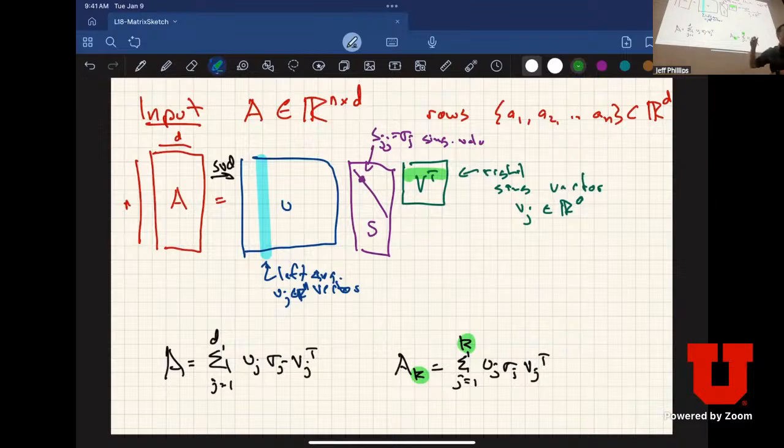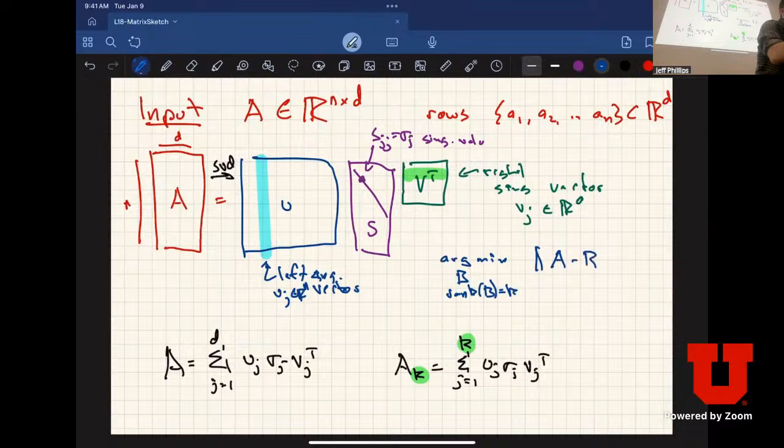and this is kind of the best approximation. So if I write the arg min over B, where the rank of B is equal to k, of A minus B, in either the 2 norm or the Frobenius norm, this is going to be equal to A sub k in this form here, right?